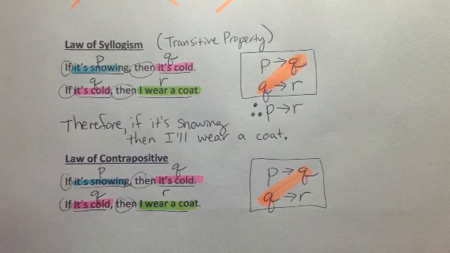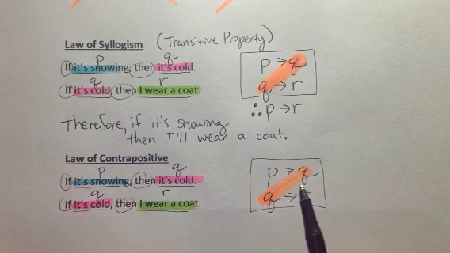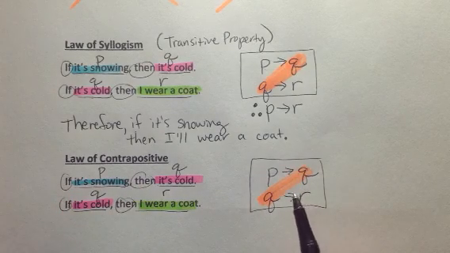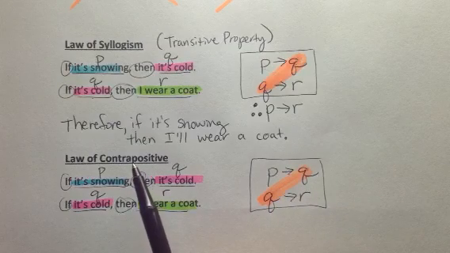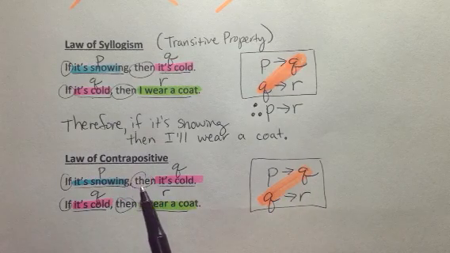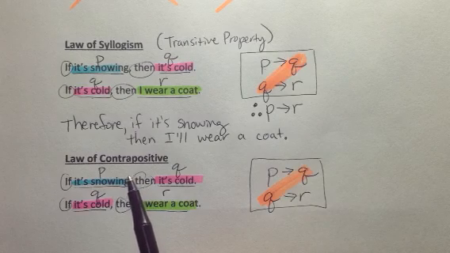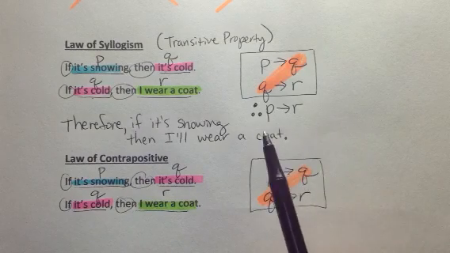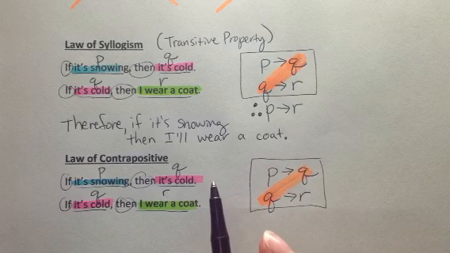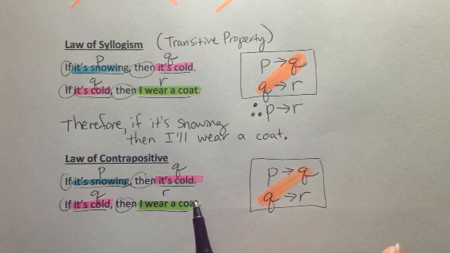And then my Law of Contrapositive is the same given statement, but there's another conclusion that can be made here. Remember the contrapositive, that was the longest word, the most work. If you think back to when we defined the contrapositive, we said that the contrapositive of a statement was always logically equivalent. It had the same truth value.